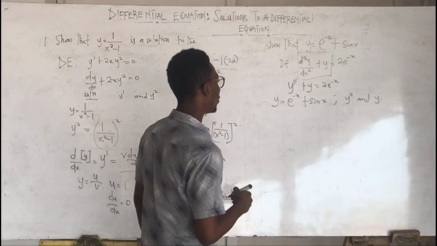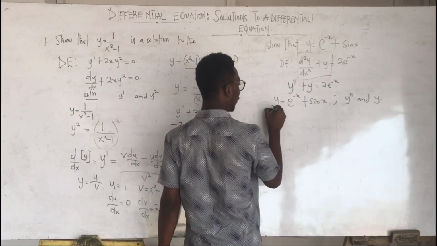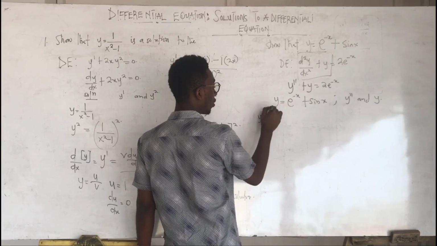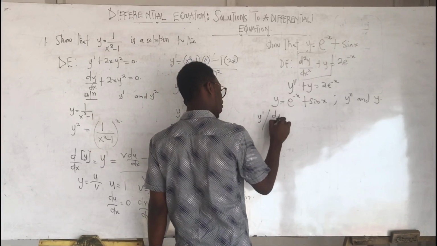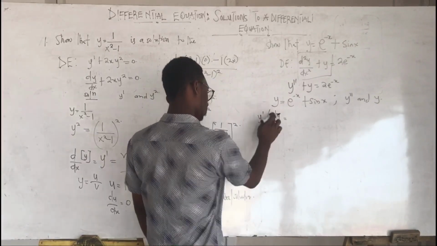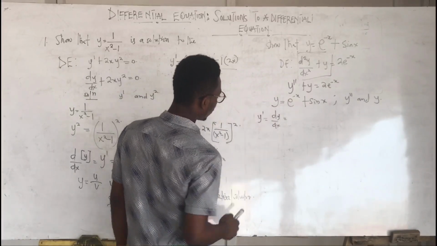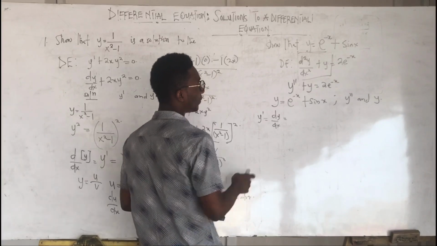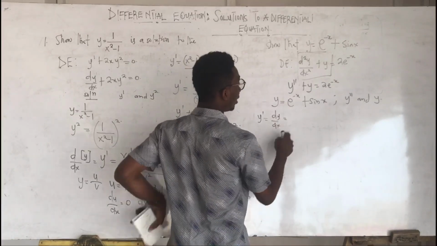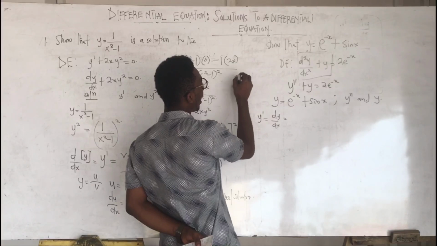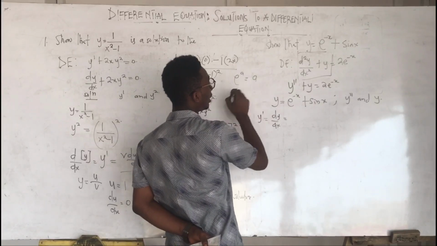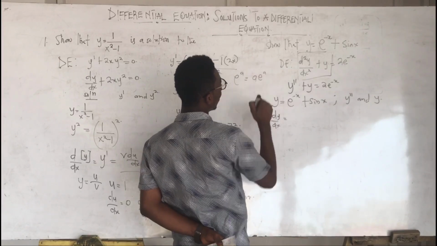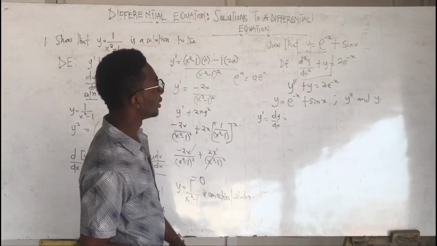Okay. So now, to get y prime prime, we have to first do the first derivative, which is y prime, or the same as dy over dx. And it is equal to, now anytime you find the derivative of an exponent, if you have something like e exponent a, the derivative of that becomes a' e exponent a.